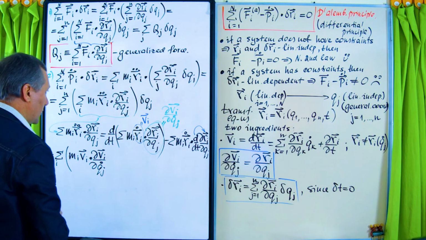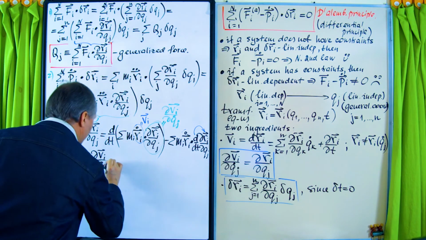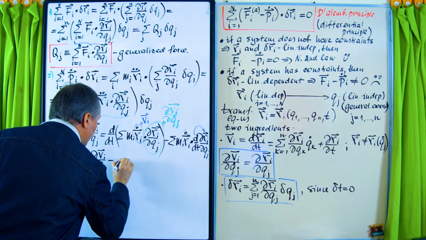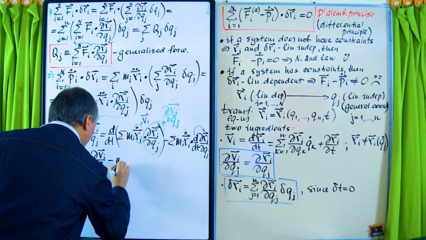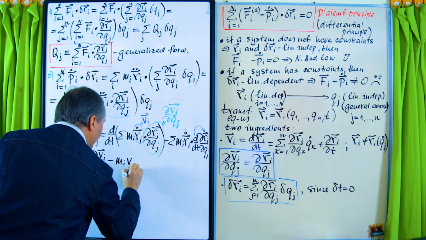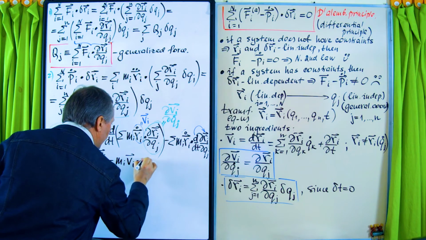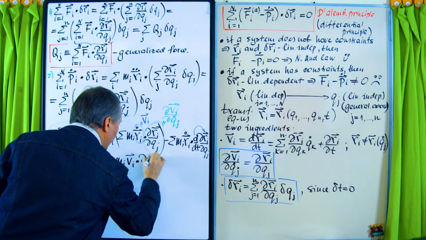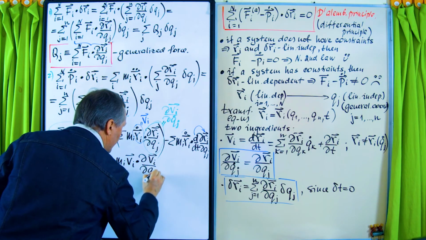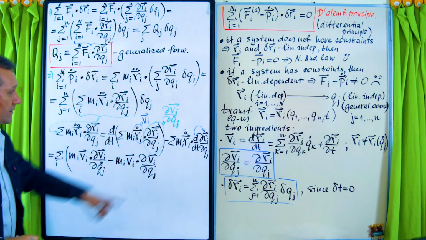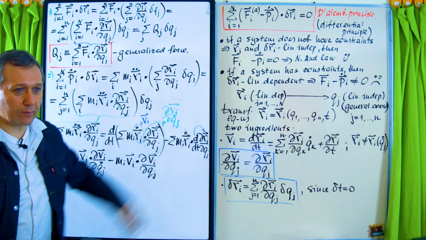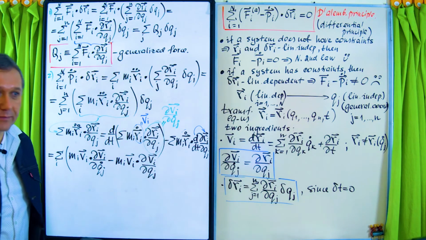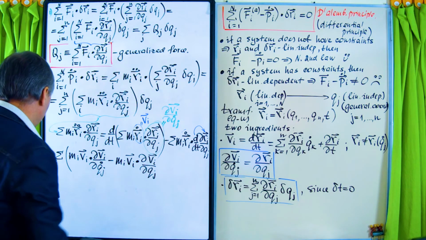All right. And my summation is outside: mi vi dotted with partial derivative of vi over dqj. Again, as I said, the total time derivative I combined with that r, and it gave me velocity.